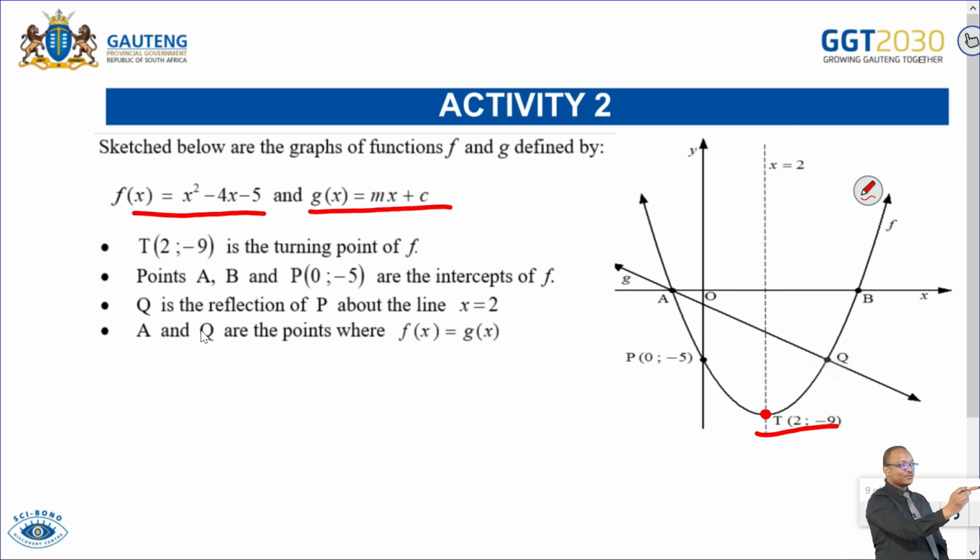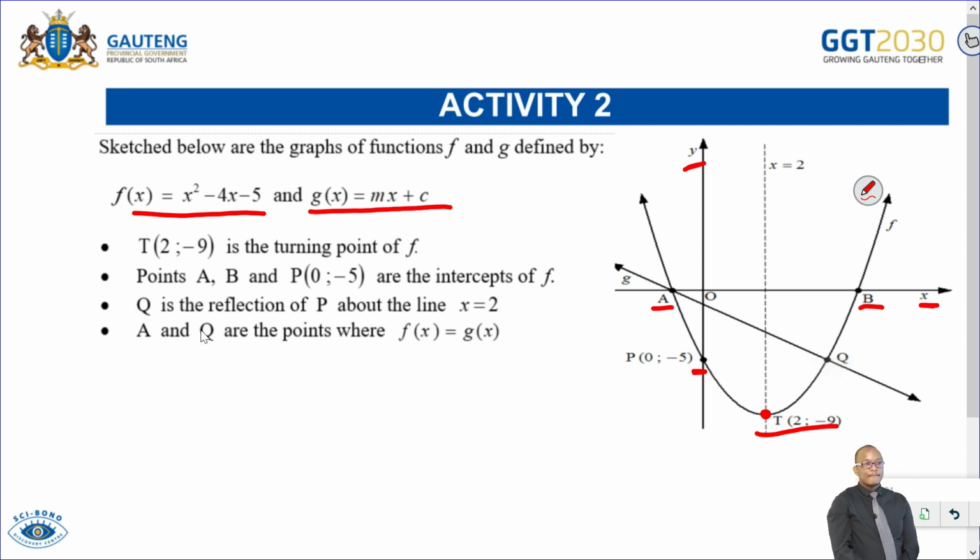So we can see that A and B lie on the x-axis, which are the x-intercepts of f. And now we have P, which lies on the y-axis. P is the y-intercept, sorry, it's a y-intercept.